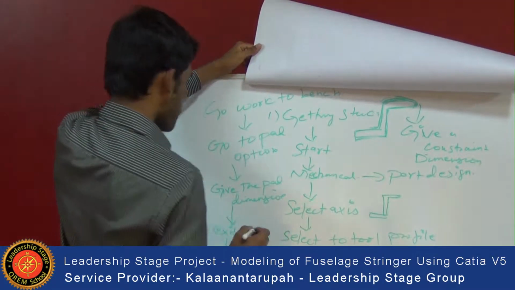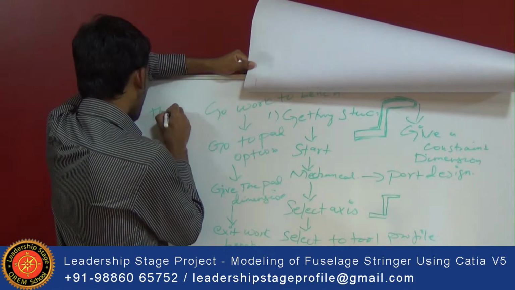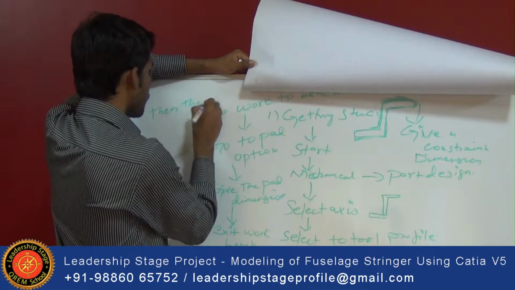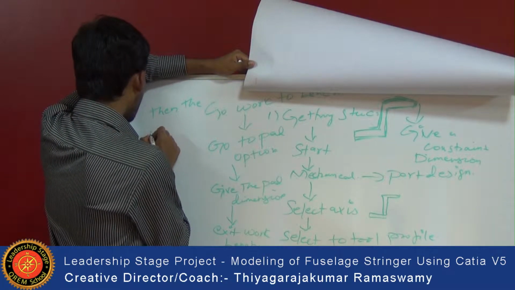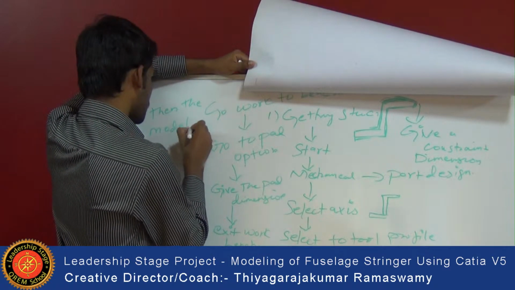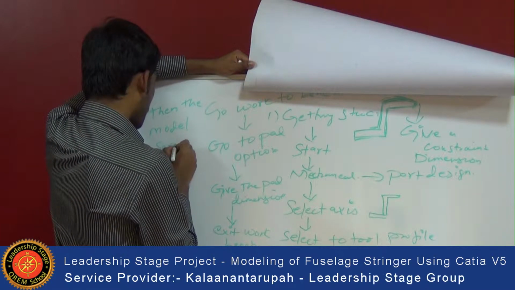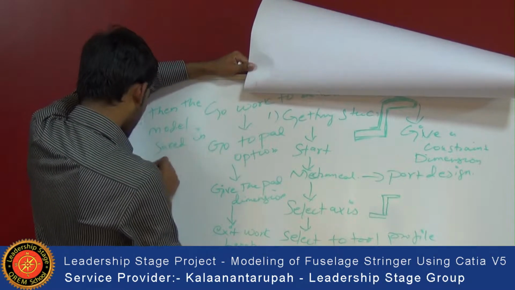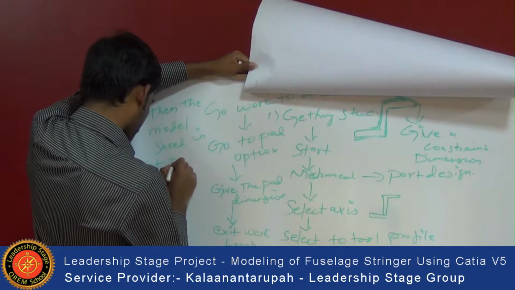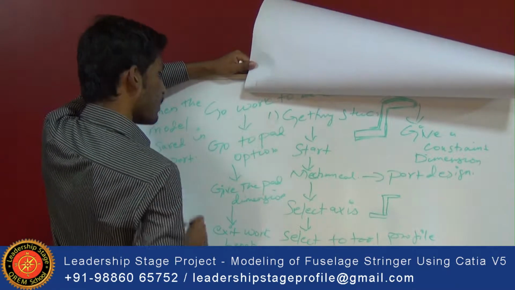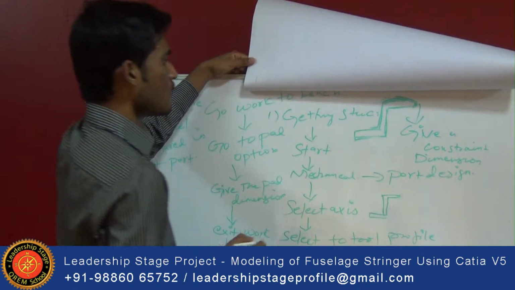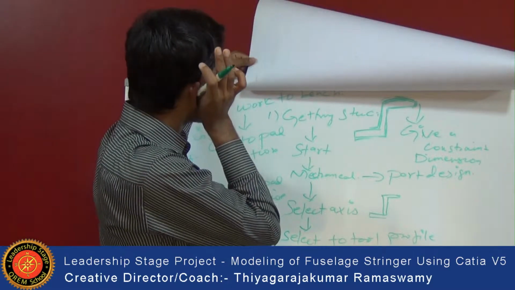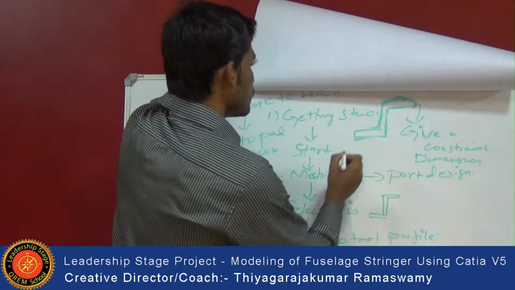And then the model can be saved as a CATPart. There are so many ways to design stringers using Catia V5, and so many tools to use to design the stringer.